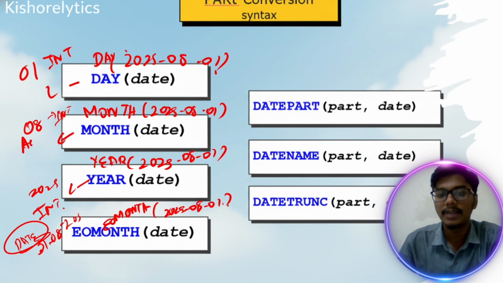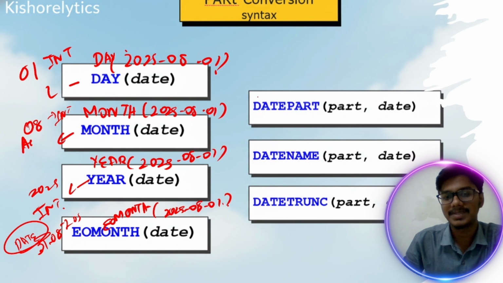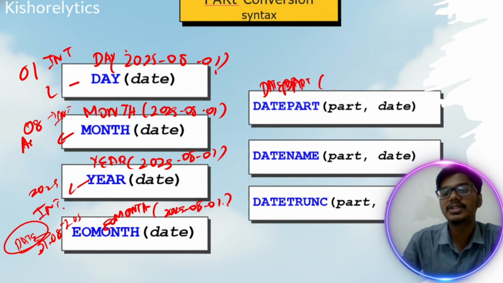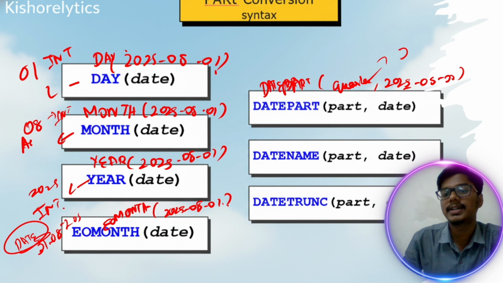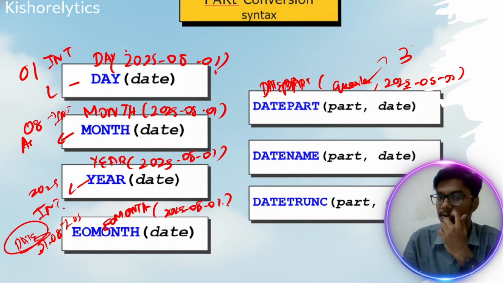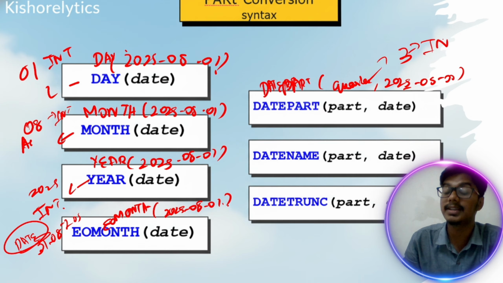Then the most interesting part comes here, the date part. Which part? It may be the quarter. Giving the particular date, the output is the quarter, which is an integer data type.